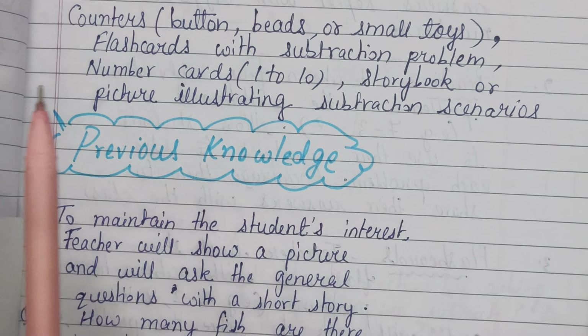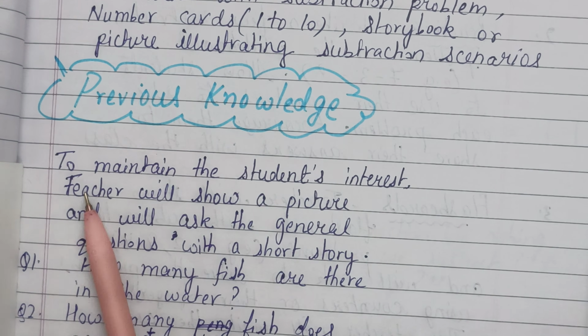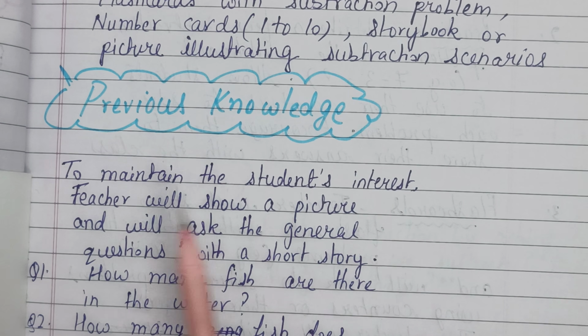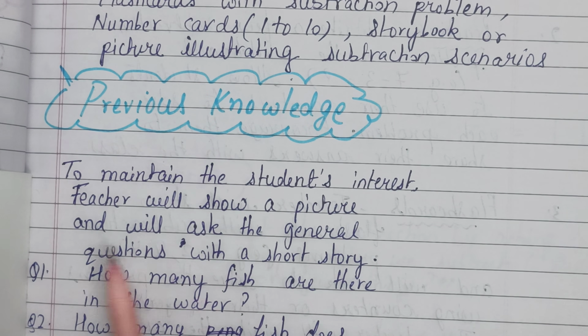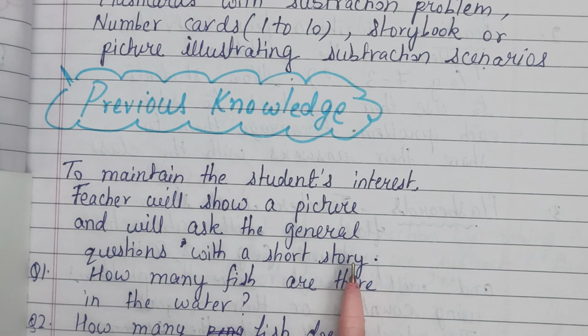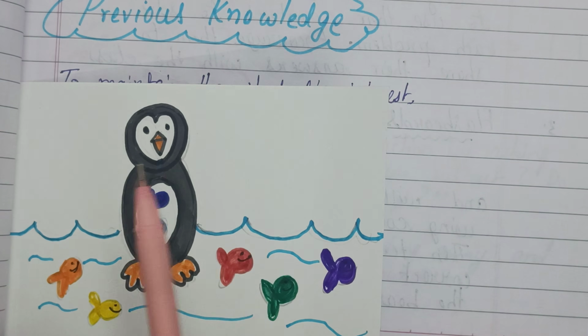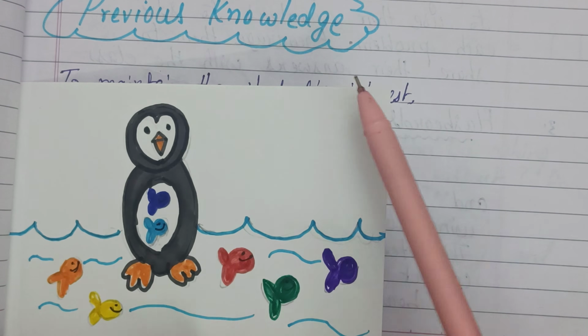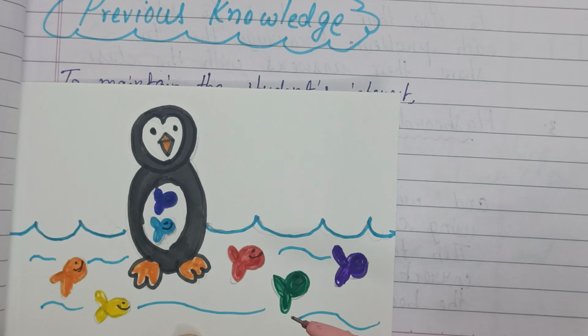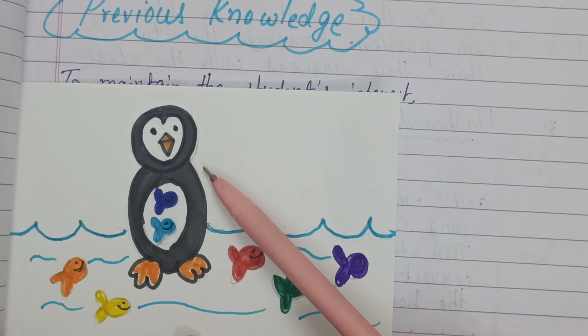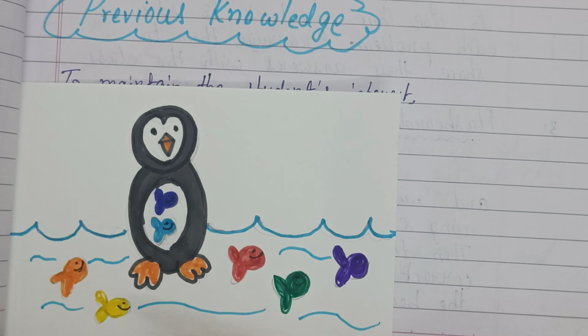So, previous knowledge. To maintain the students' interest, the teacher will show a picture and ask general questions with a short story. You can make this chart on chart paper, or you can take an A4 size sheet and make a penguin with fish inside the water.